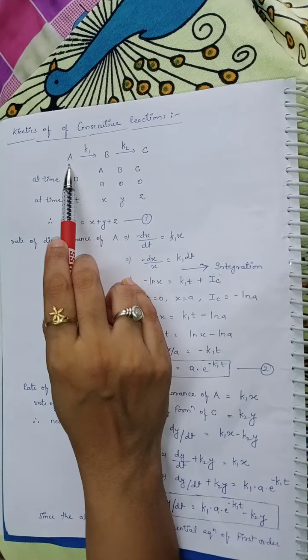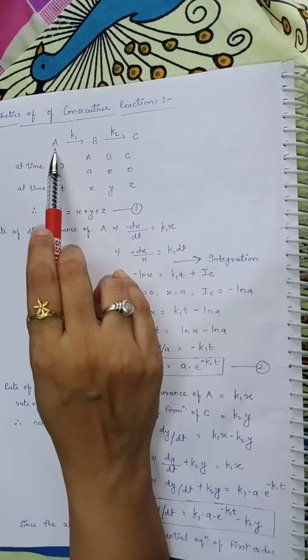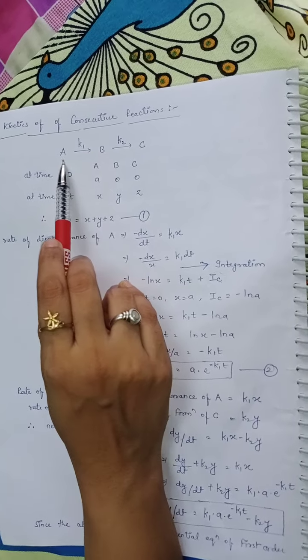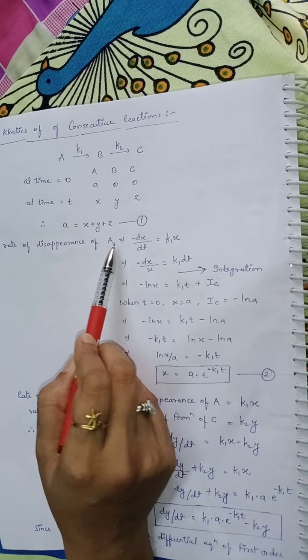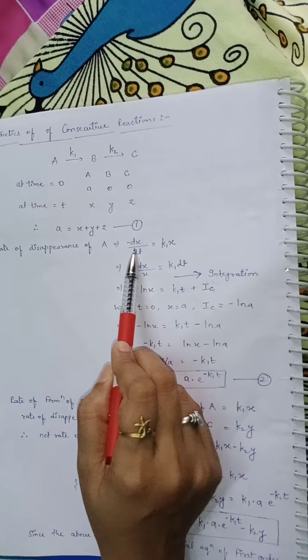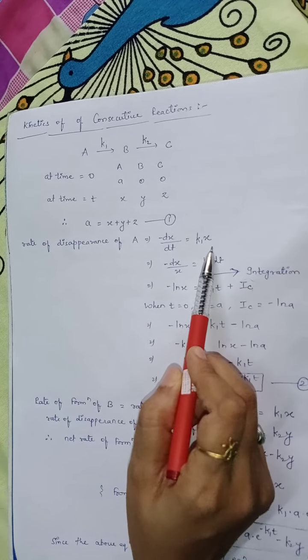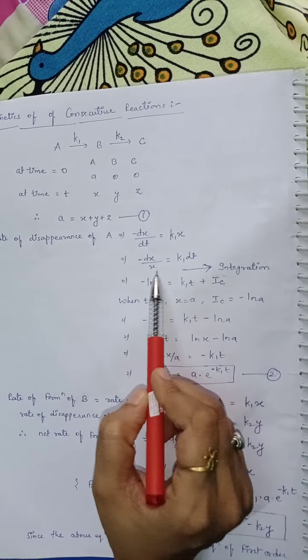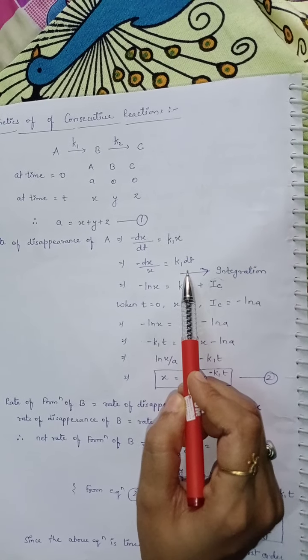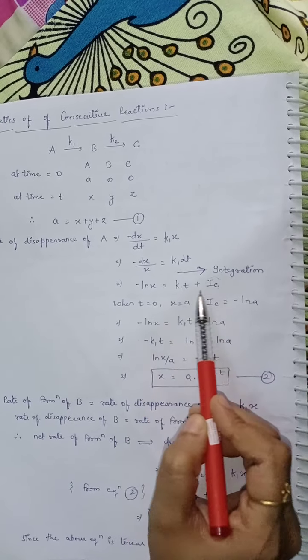So first we will take the reaction in which we get B from A. The rate of disappearance of A can be written as minus dx by dt equals K1 x. You rearrange it, and after rearrangement and integration you get this equation.